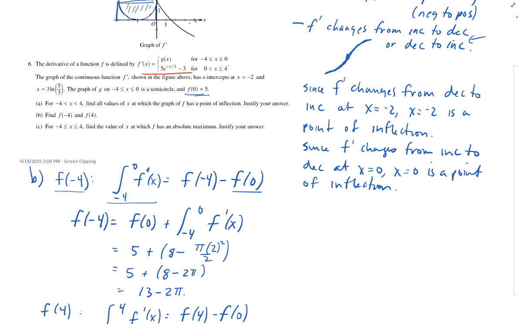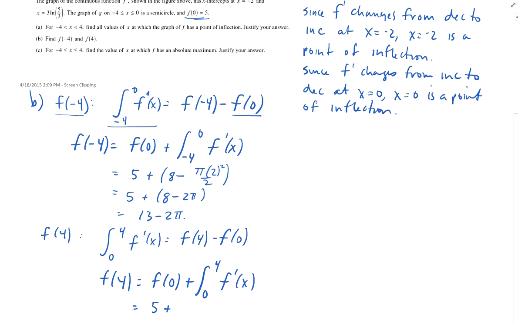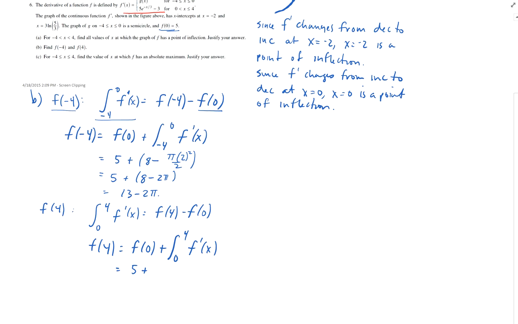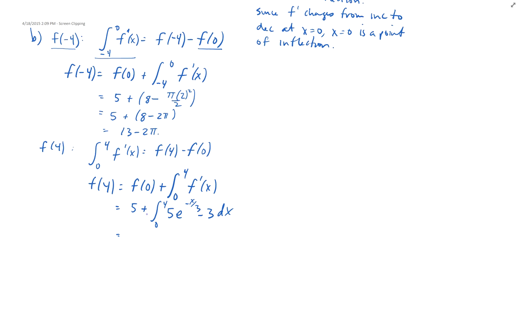Well, from 0 to 4, that's going to be this integral. I know that function. So can I calculate the integral of that? That's going to be the integral from 0 to 4 of 5 e to the negative x over 3 minus 3 dx. And again, since it's non-calculator, I've got to go ahead and do it.